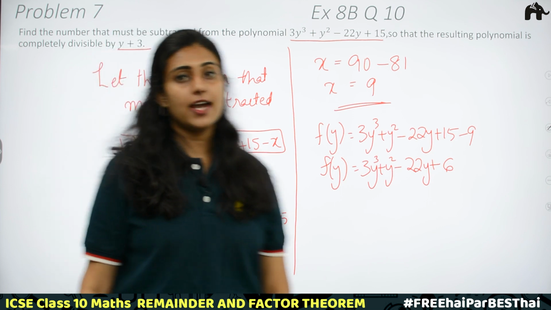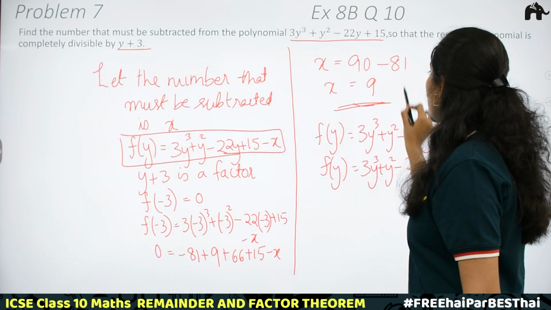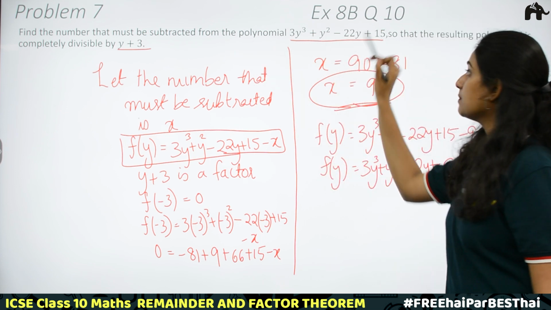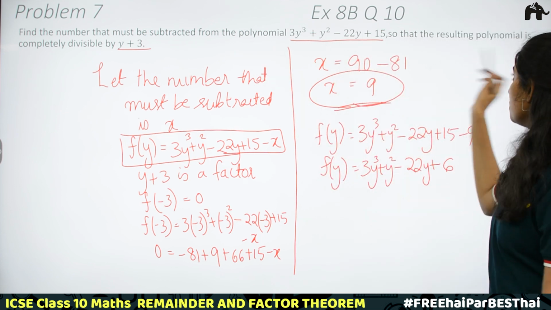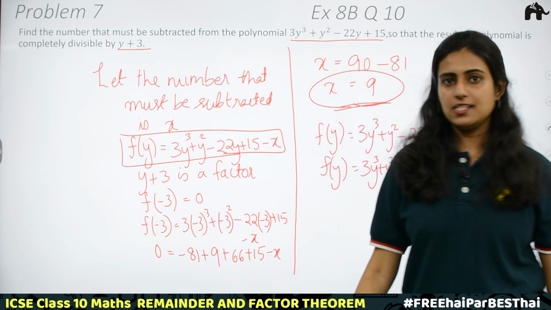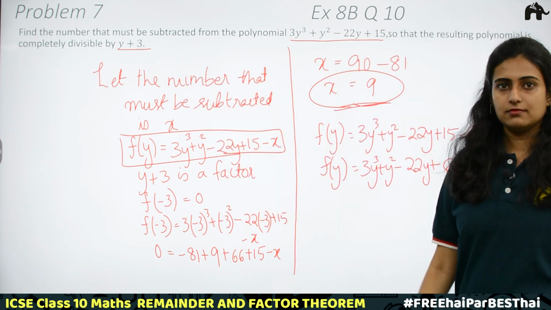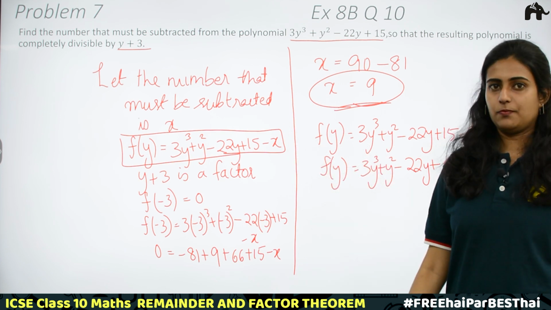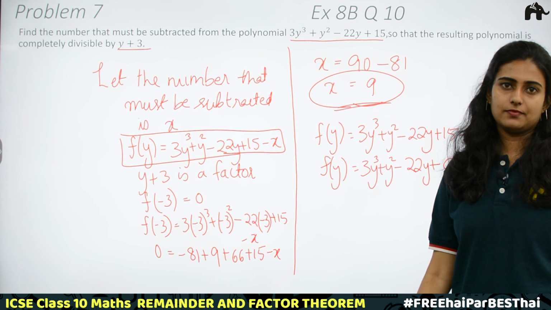Here we just need to find the value of x, the variable which is subtracted from the expression to get a resulting polynomial such that it is divisible completely by y plus 3. Clear? When you have an unknown quantity, we take it as x. Just you need this idea.